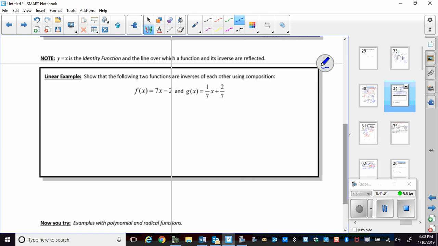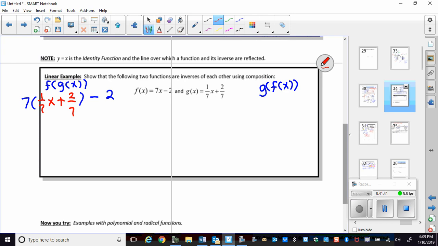So first over here, I'm going to check f of g of x. And then over here, I'm going to check g of f of x. So 7 parentheses, we're going to insert g in there, minus 2. So 7 parentheses of 1 over 7x plus 2 over 7, all right?